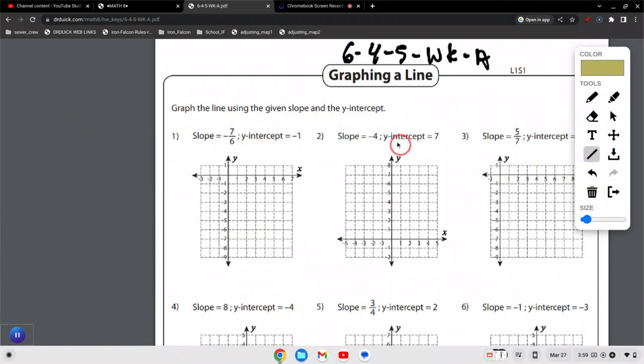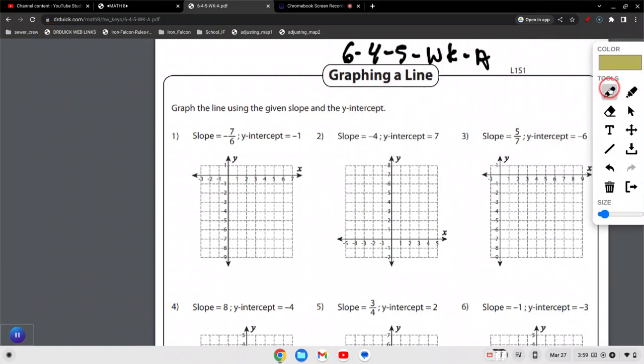So I clear that. It says the slope is minus 4, so I'm going to say y equals minus 4x plus 7.